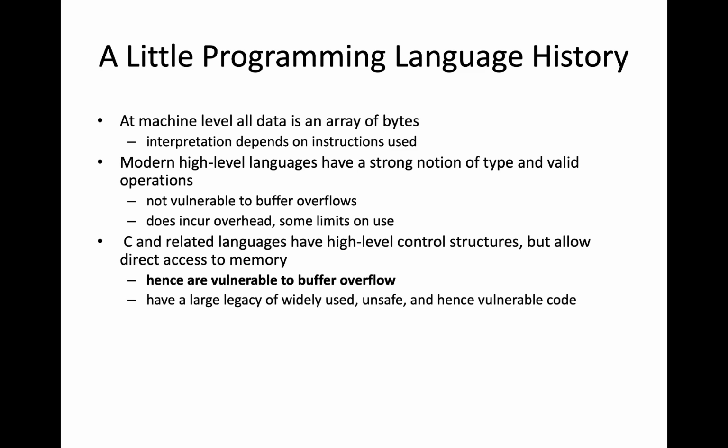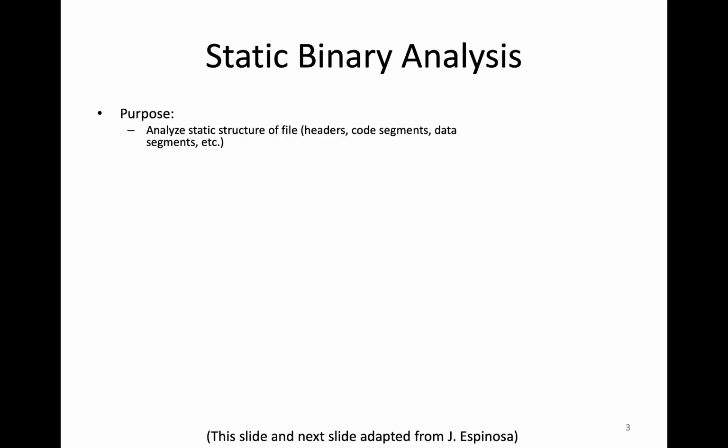There are two types or categories of reverse engineering techniques: static and dynamic analysis. For static binary analysis, the purpose is to analyze the static nature or structure of these files.